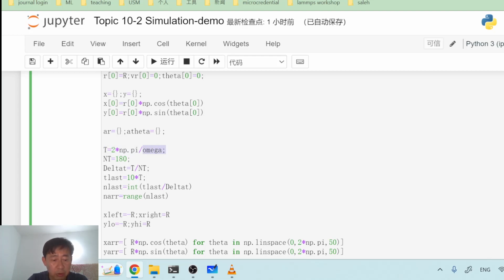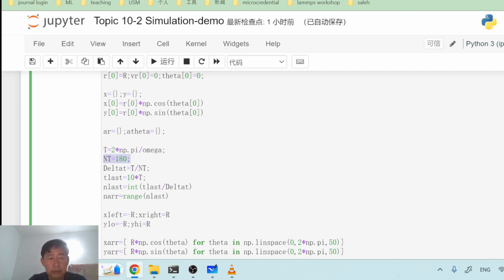So the angular speed is omega, which is also the angular frequency. So once you set omega equal to 10, then the period is already set. Then I would want to simulate the circular motion for 10 periods. That means it is going around for 10 complete circles.